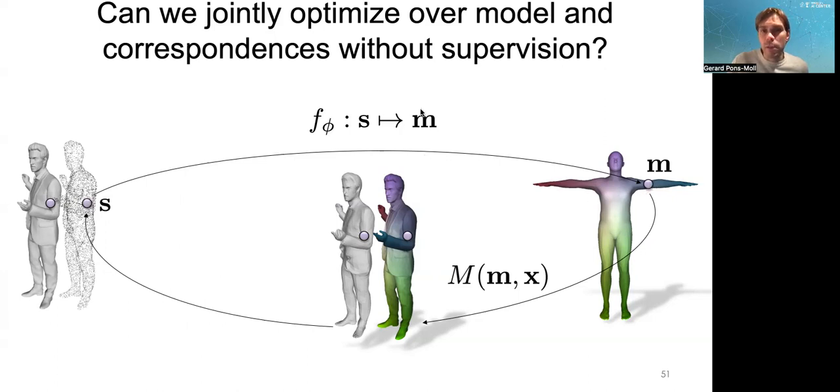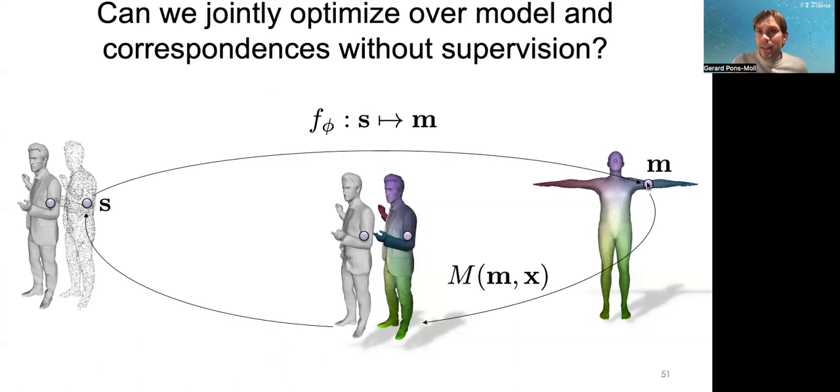To represent the correspondence on the surface of the body, we consider this human mesh in a template T-pose, such that we want a mapping that will take every scan point and predict the corresponding surface point on this canonical shape. And by surface point M, this is a three-dimensional point in this canonical space.